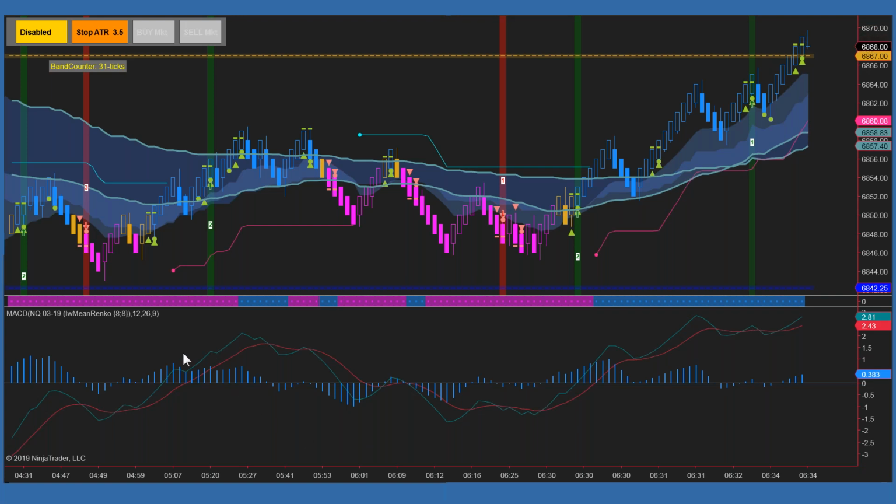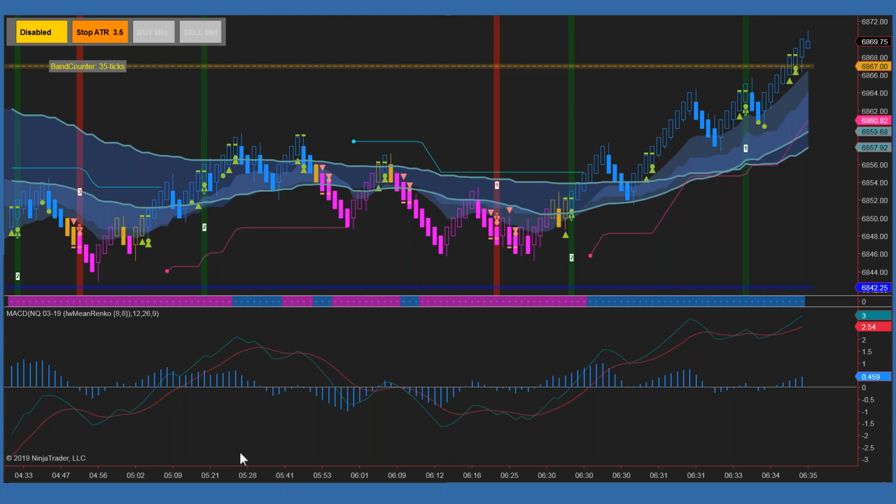And that difference is plotted as your MACD. MACD stands for moving average convergence and divergence. So as your two moving average lines would get closer together, your MACD would get smaller. And as your two moving average lines got broader, your MACD would get wider.